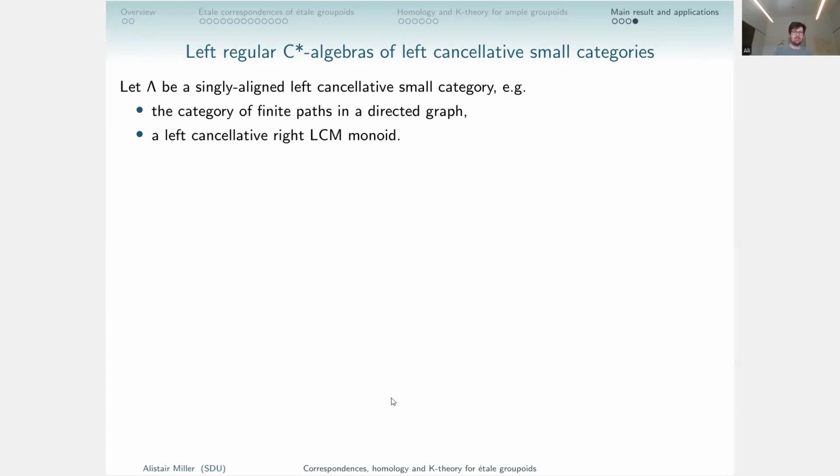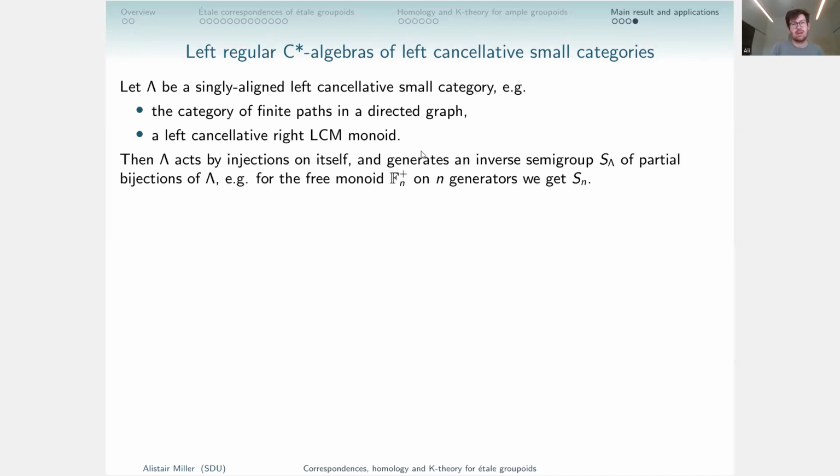And the singly aligned bit is basically telling you that you have either no common multiples or a least common multiple. So it's called a right LCM monoid. When you have this, you can get an inverse semigroup just by thinking about the action of the category on itself.